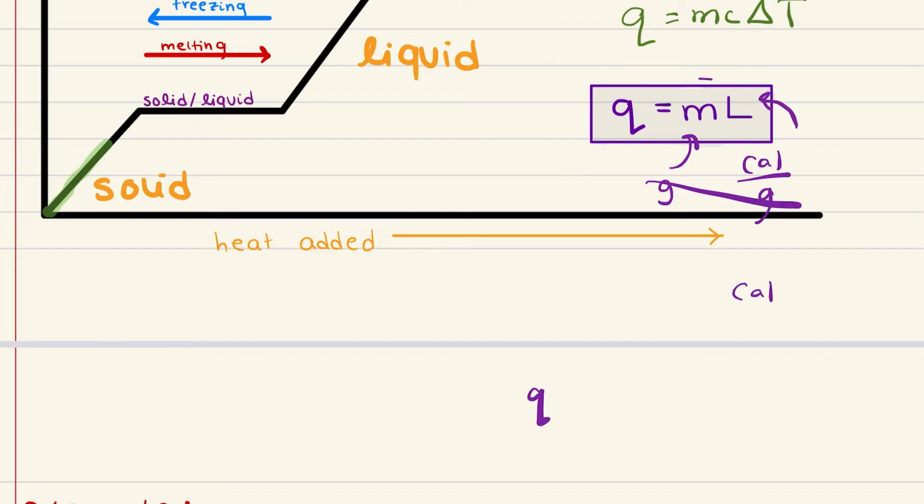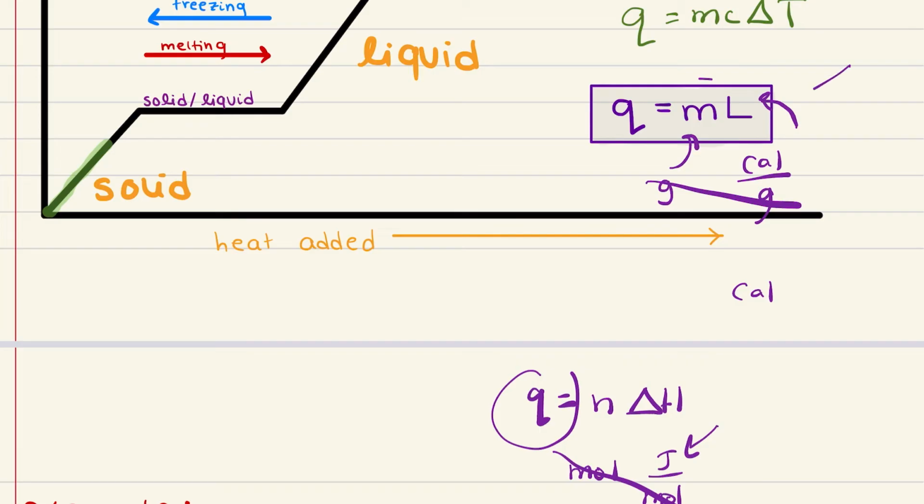You can also use this equation to calculate heat by having moles multiplied by delta H of fusion or vaporization. n is going to have units of mole, and delta H of fusion or vaporization is going to have units of either kilojoules per mole or joules per mole. And what you notice here is that the units of moles will cancel out, and your final answer for heat is going to have units of joules or kilojoules.